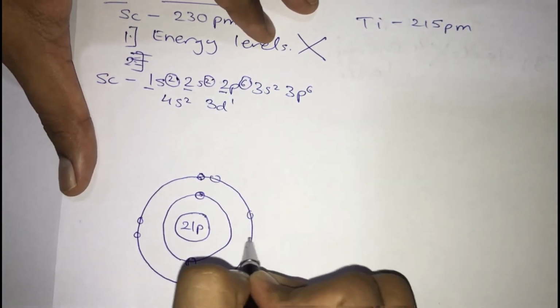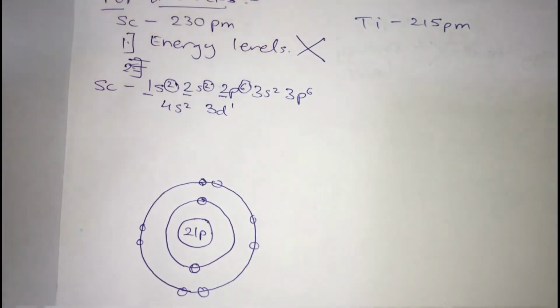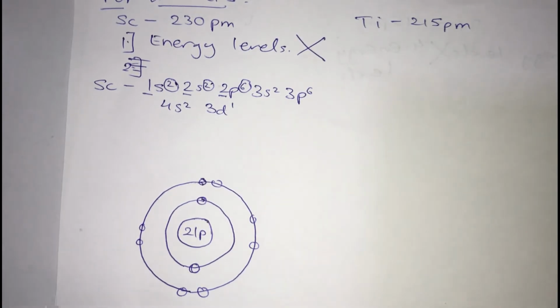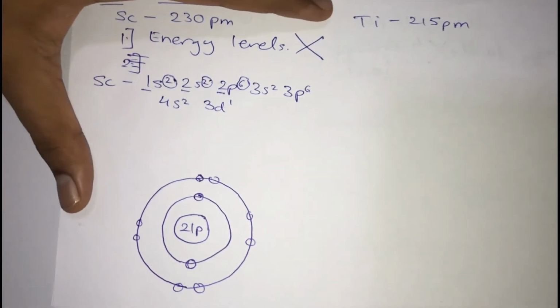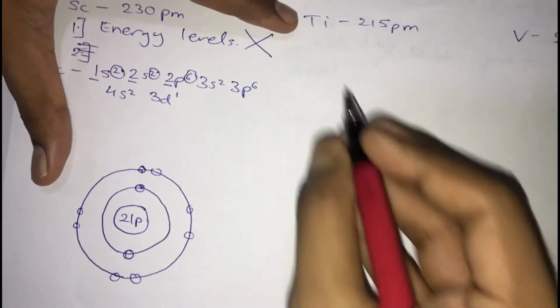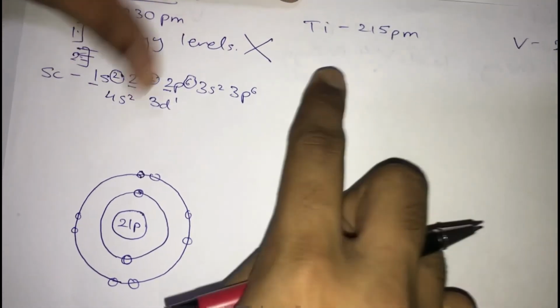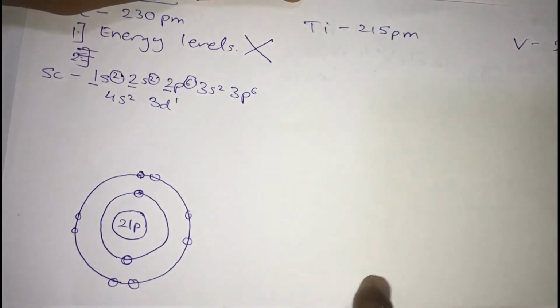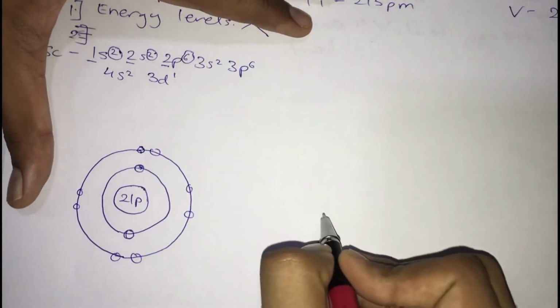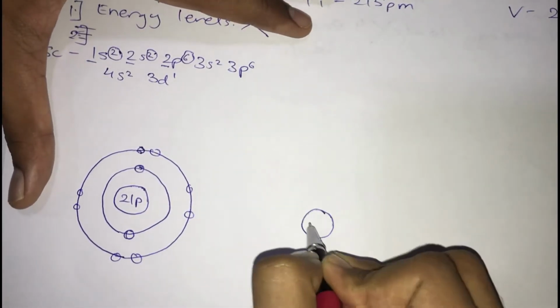Now before moving on to the third energy level, I would like to move to the diagrammatic representation of titanium. There is a reason behind it, which we will understand later on. So as we all know, the atomic number of titanium is 22. Therefore it is obvious that there will be 22 protons present inside the nucleus.